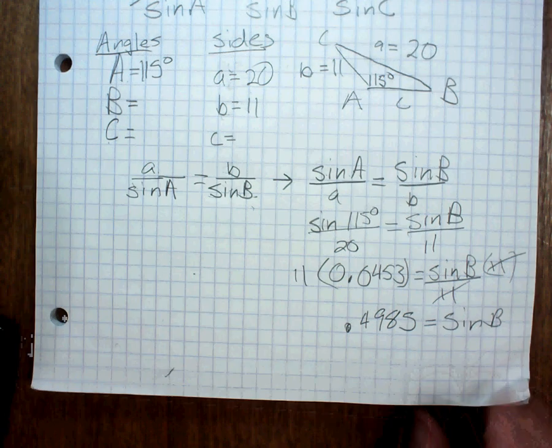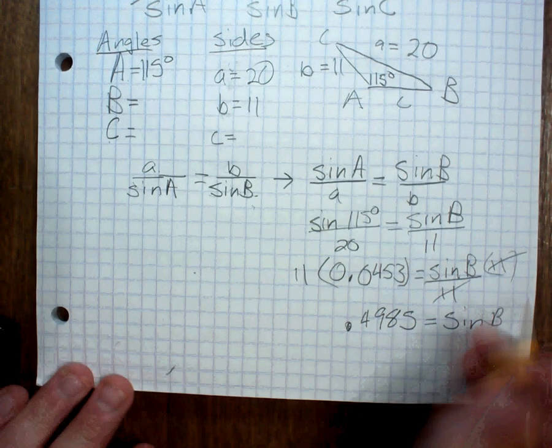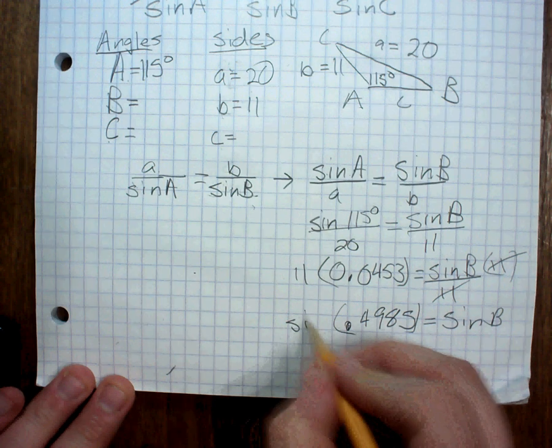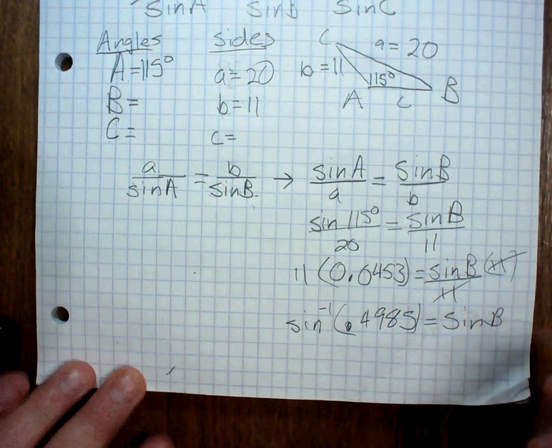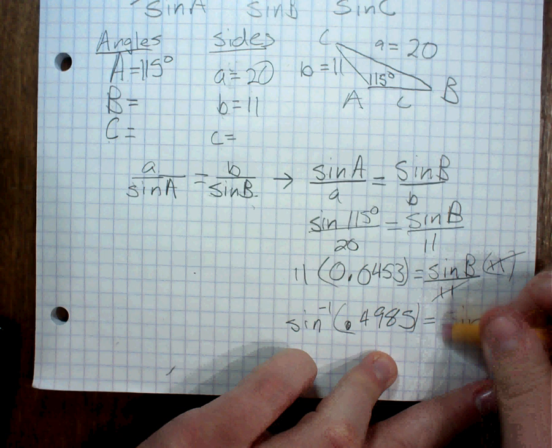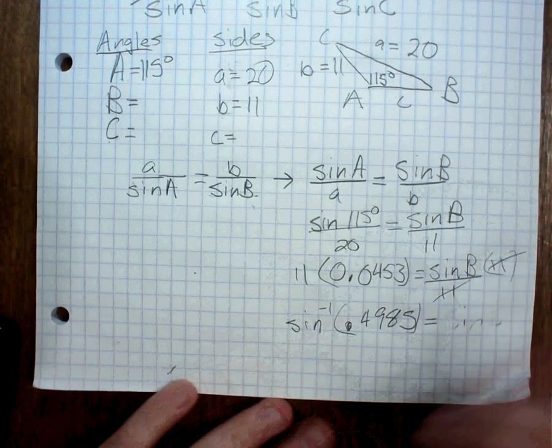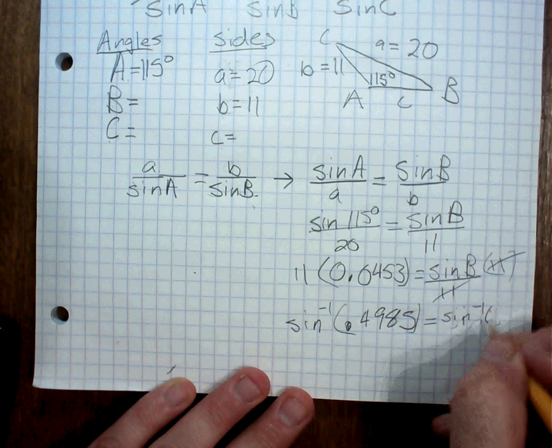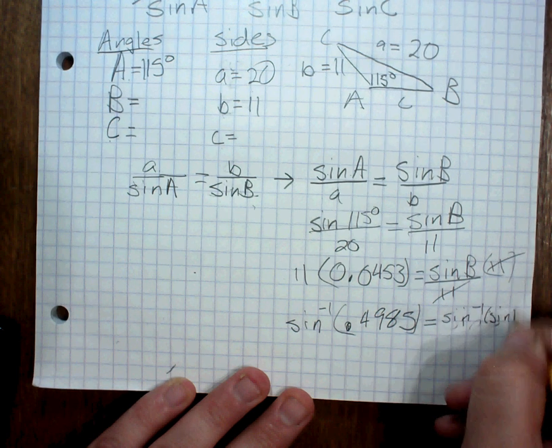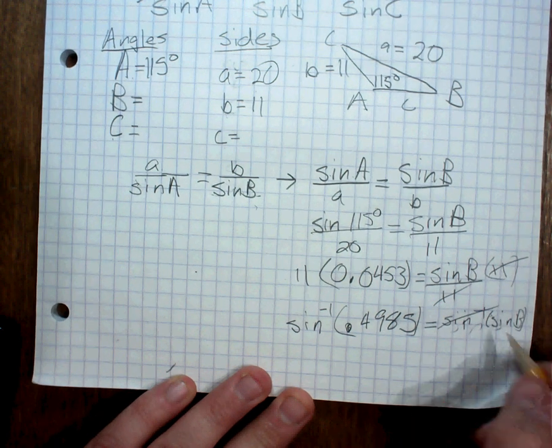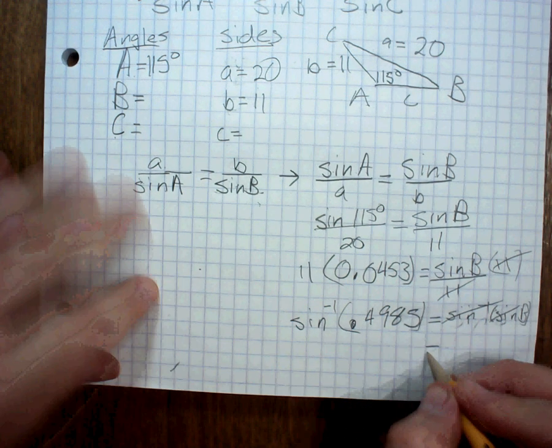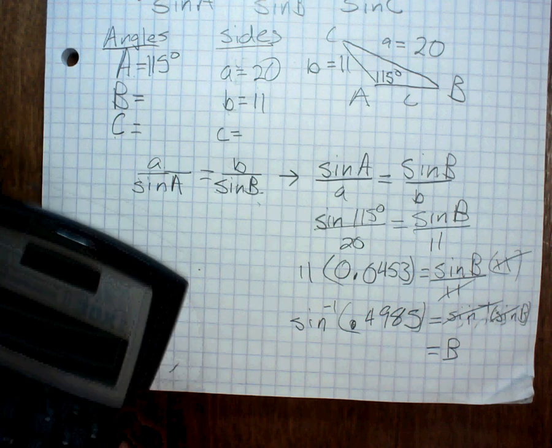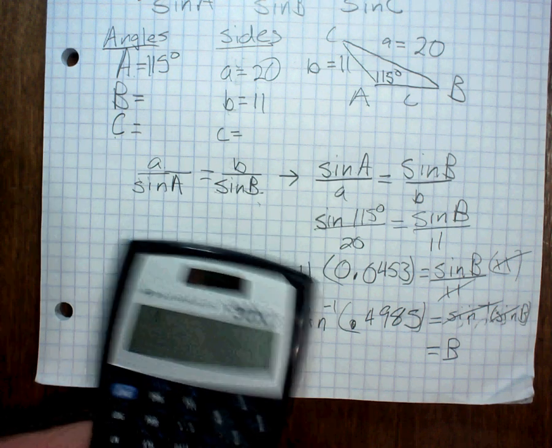Now, in order to find B, I need to take the arc sine on this side, and the same thing over here. I'm going to say arc sine of capital B. The arc sine and sine cancel, so I get B equals arc sine of this number. So I'm just going to enter it in my calculator.